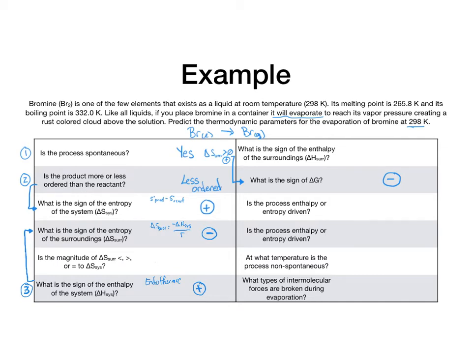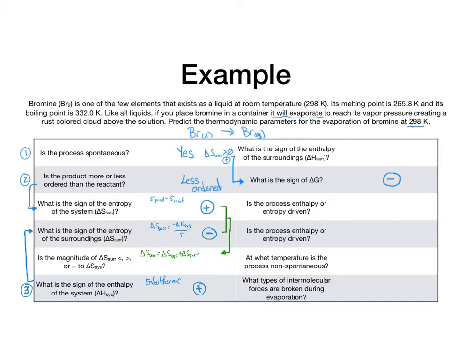And so now we can combine these into this magnitude question. We know that delta S of the universe is equal to delta S of the system plus delta S of the surroundings.